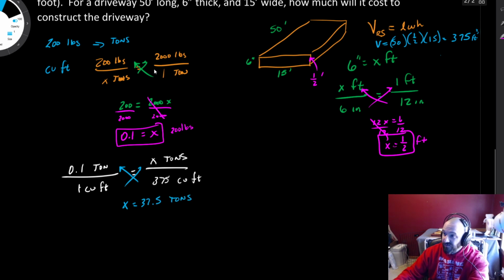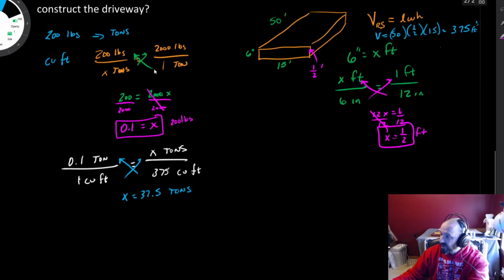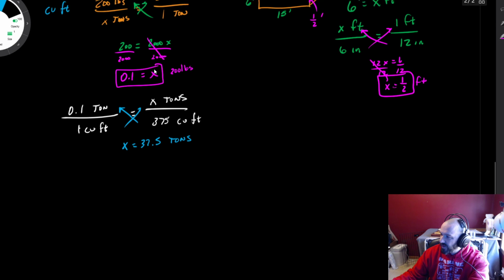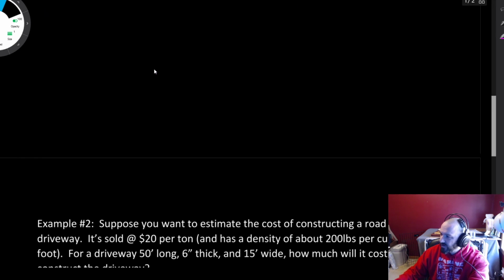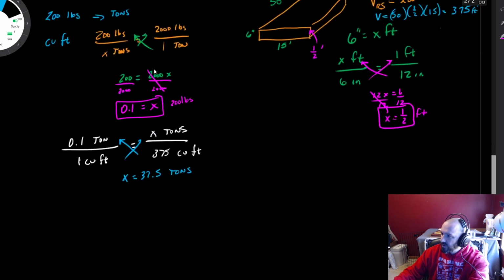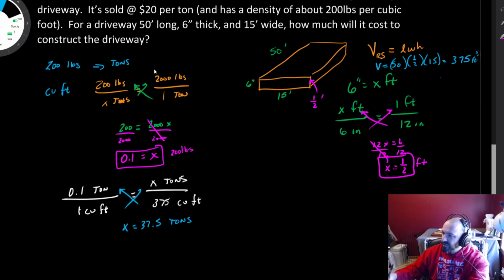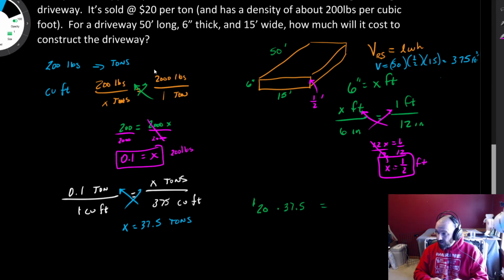Now that I have the amount of tons, I have the cost per ton, which was 20 bucks. Come on thing. It's so angry right now. There, we'll just use our fingers, I guess. $20 a ton, so $20 times 37.5 tons gives me, well, I don't know, that seems awful large.